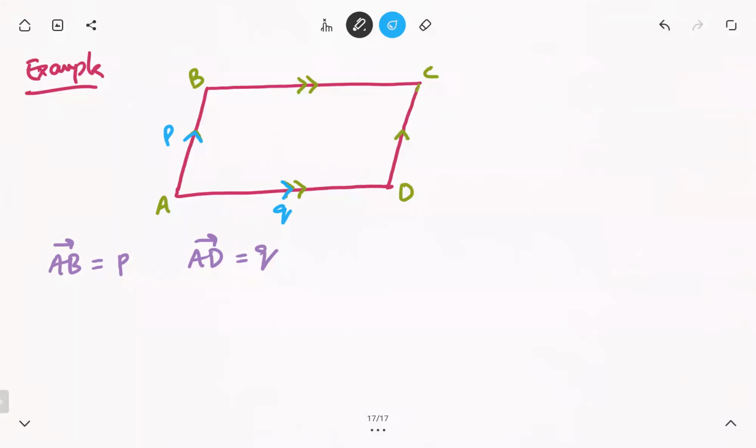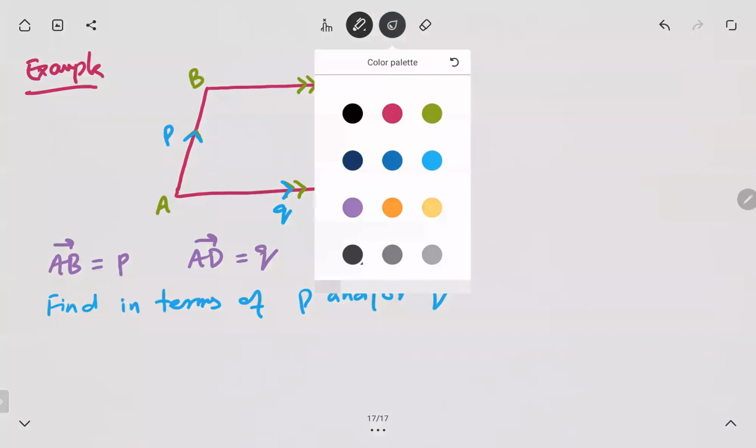And the question will be, you need to write all those vectors in terms of P and or Q. Find in terms of P and slash or Q. I hope you understand what does it mean and or. मीन हो सकता है P और Q की फॉर्म में हो, सिर्फ P की फॉर्म में भी आंसर हो सकता है, सिर्फ Q की फॉर्म में भी हो सकता है, और P एंड Q दोनों की फॉर्म में भी आंसर हो सकता है.